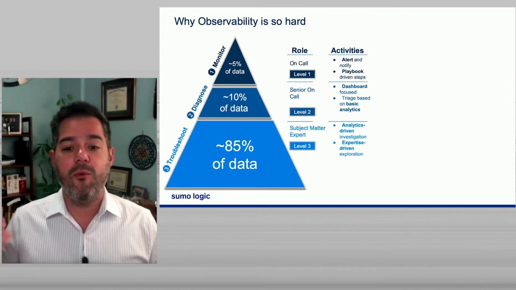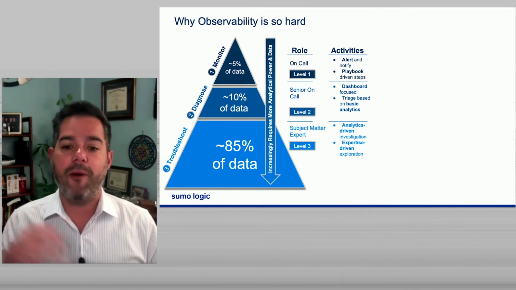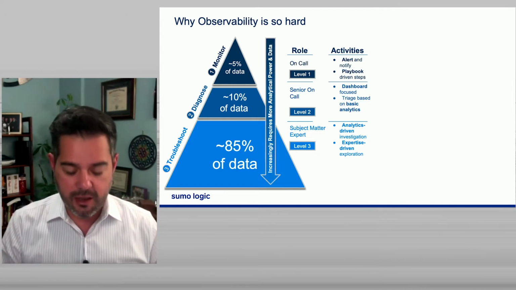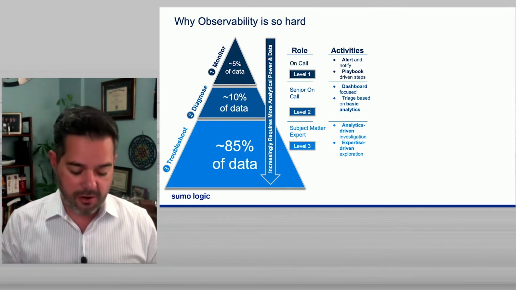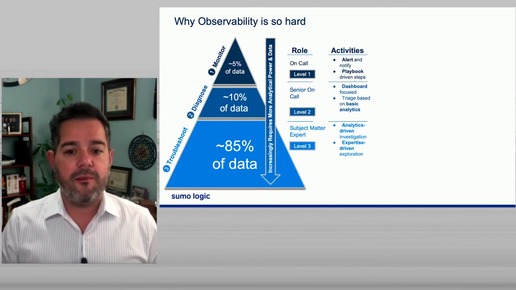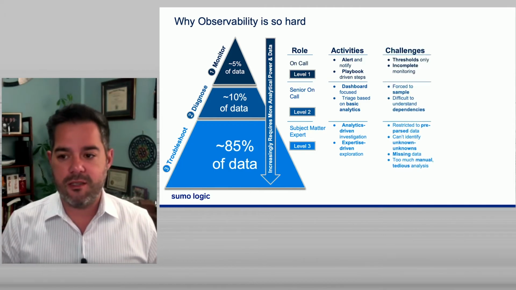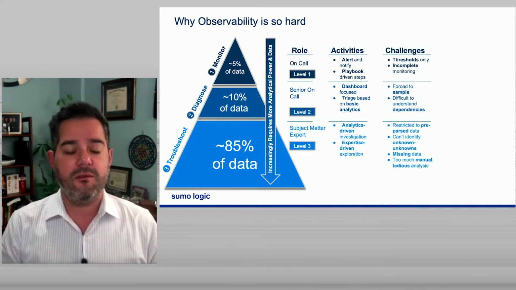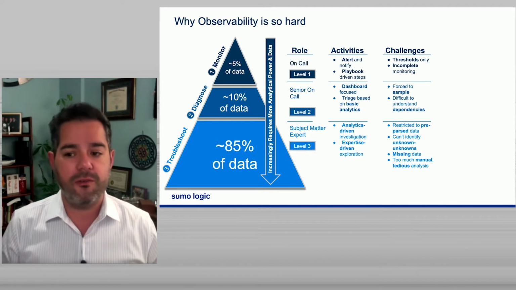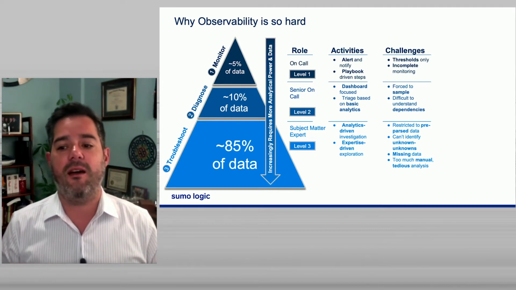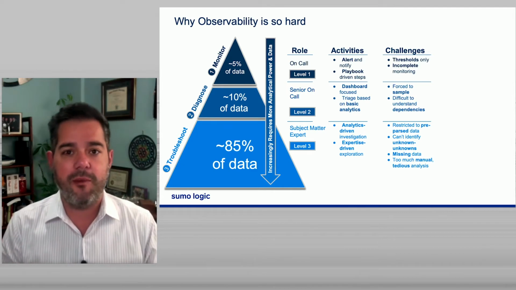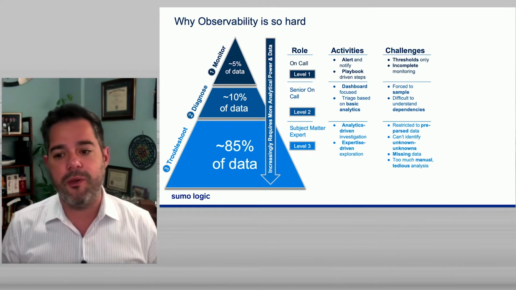So the more data you have, the more powerful analytics you need, and the more of a unified system that needs to come together, because there are challenges with all of these different things where the thresholds are only telling you a part of the story. If you don't react fast enough, that's increased downtime, longer times to identify because we're sampling, we're not getting that full picture.